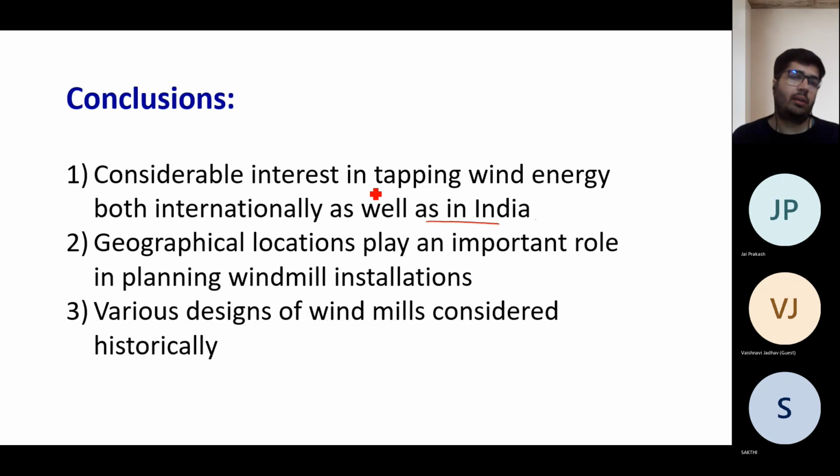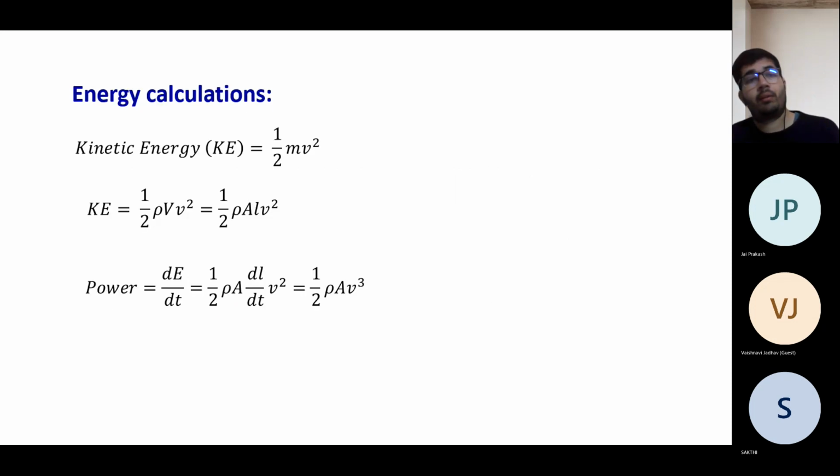Various designs of windmills have been considered historically, and they serve various purposes. So we can install different wind turbines based on the location and the available resources.